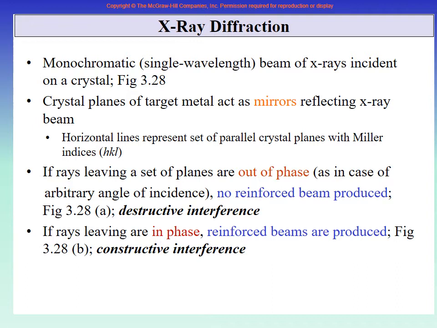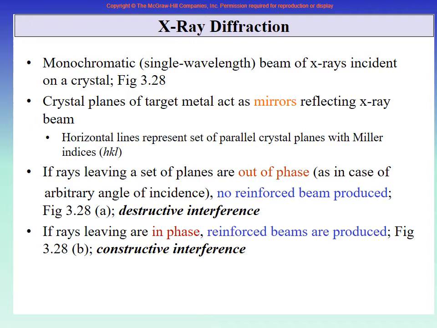You are not hitting the top of the material and coming out; you are going inside the material, hitting the atoms or molecules, getting scattered, and then coming out. So this is reflection after going inside and hitting the particles of the material, and this is called diffraction.